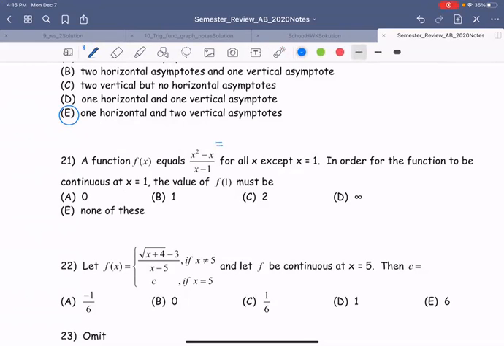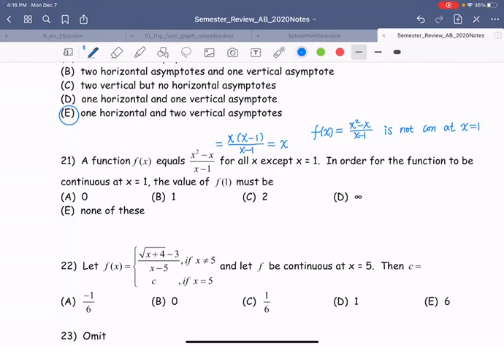You see, this guy can be simplified by this, right? Yes. So your original f(x), because your denominator couldn't be 0, is not continuous at x equals 1, right?